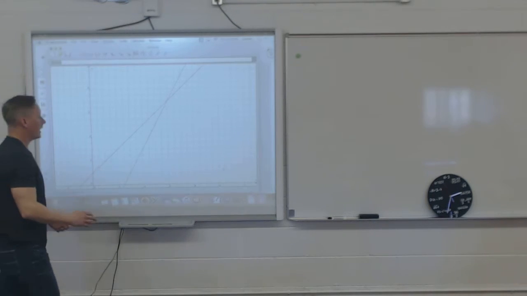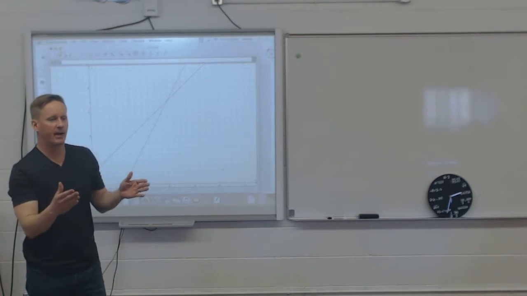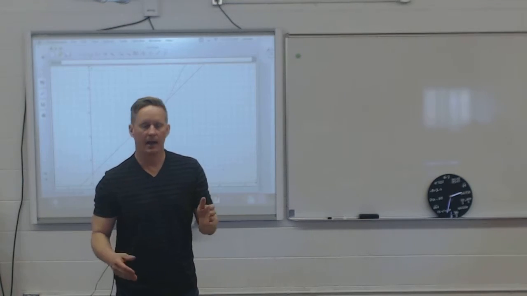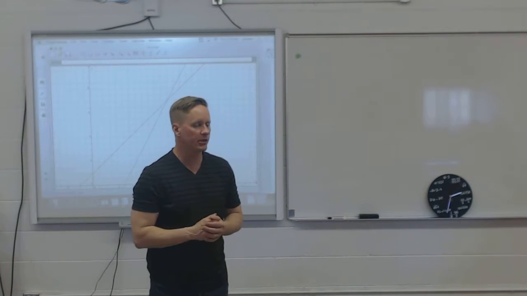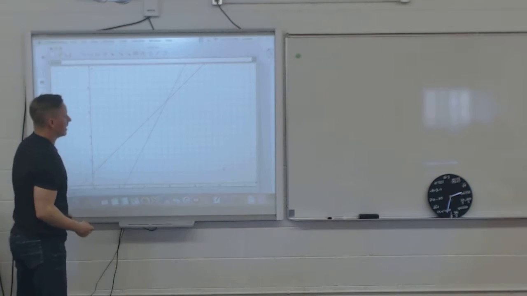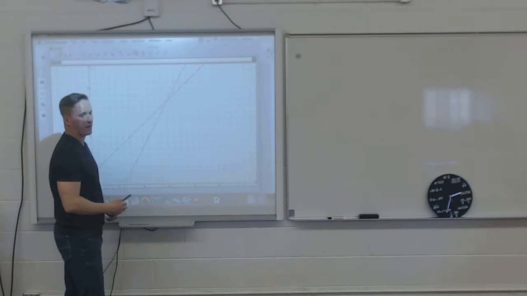Okay. What I want to do then is if I'm adding f of x with g of x, I take all of the y values of f of x and I add them to all the y values of the g of x. So let's start with the most obvious one here. They both go through x equaling 6, right?